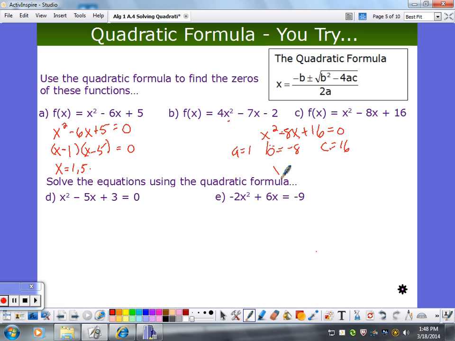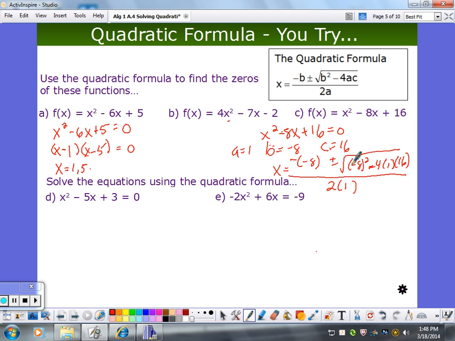So x is going to equal negative b, plus or minus the square root of b squared minus 4 times a times c. Whole thing is going to be over 2 times a, which is 2 times 1. So make sure when you do your substitution, you put everything in parentheses like that.